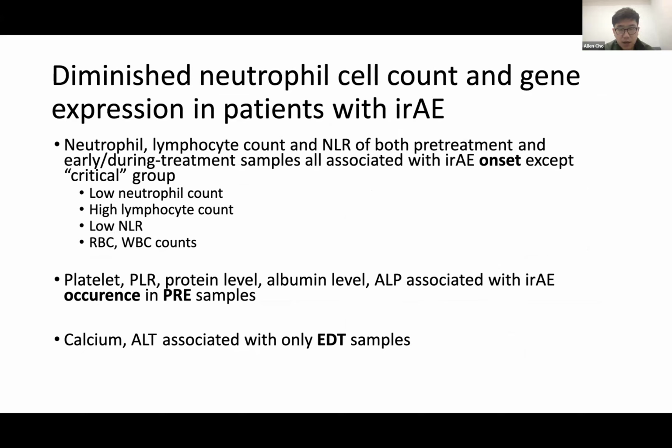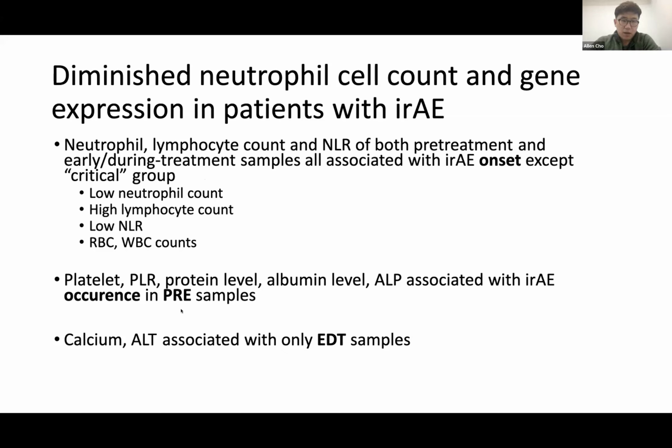This study did show some correlation with those profiles. Things like the neutrophil count, lymphocyte counts, this ratio, as well as the RBC and WBC counts were associated with the onset in all of the side effect groups except for the critical adverse event group. That was also kind of interesting.